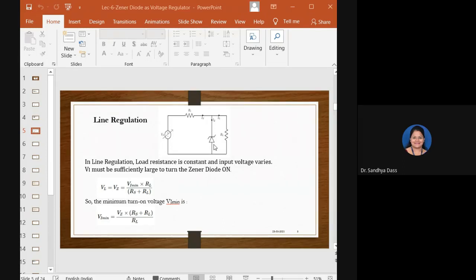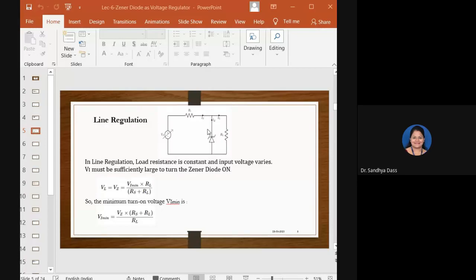According to the condition specified here, we can write the output Vz, also taken as VL, as Vi into RL divided by RS plus RL. So what is this equation? It is nothing but the voltage divider rule.